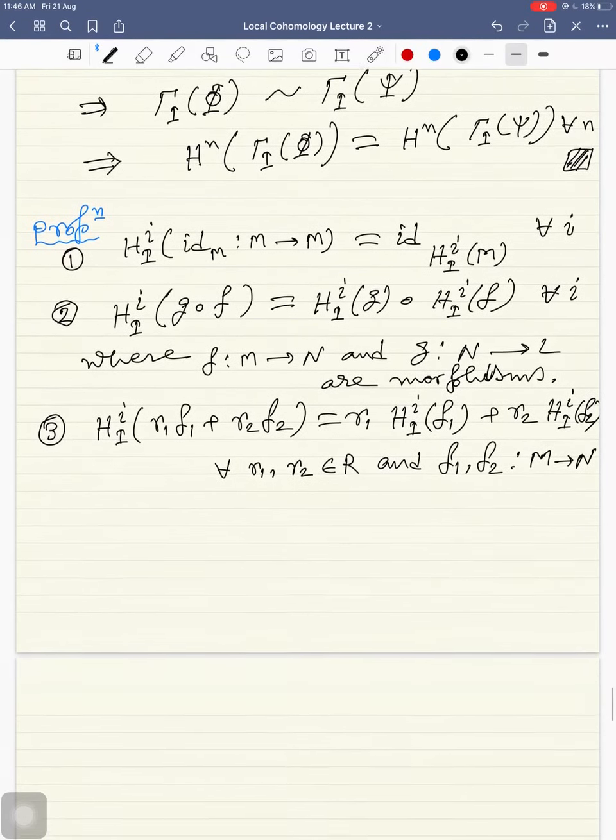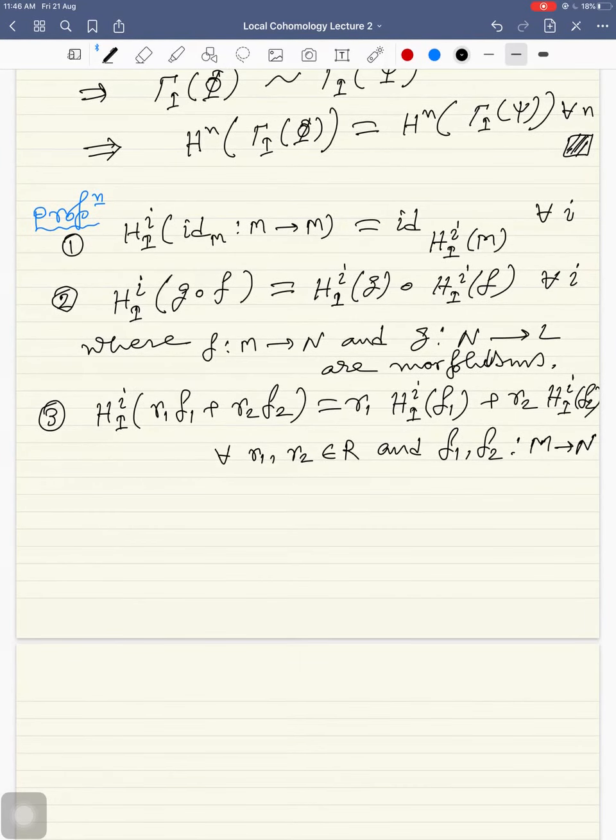And how to prove this proposition? Again, it follows from the construction. So for example, we can just prove this second statement.